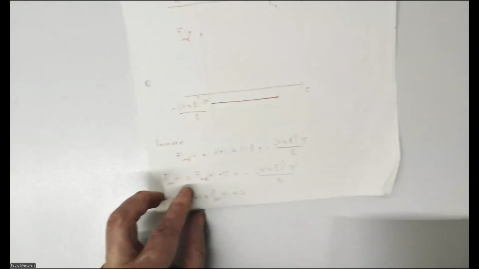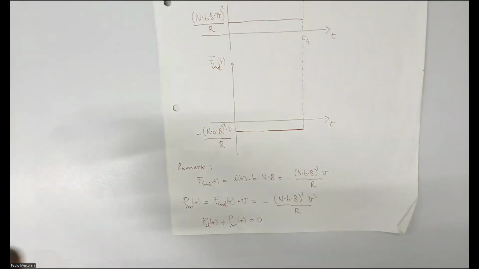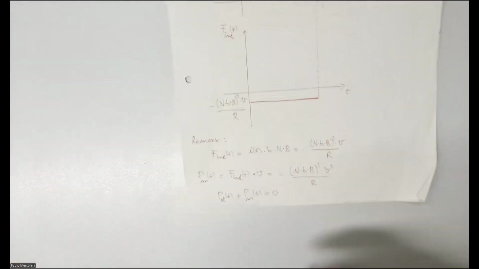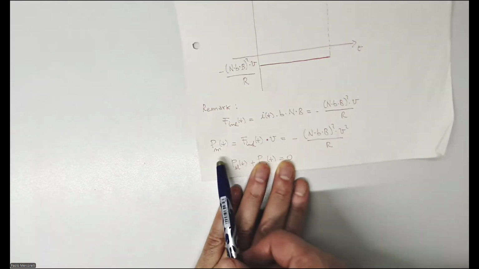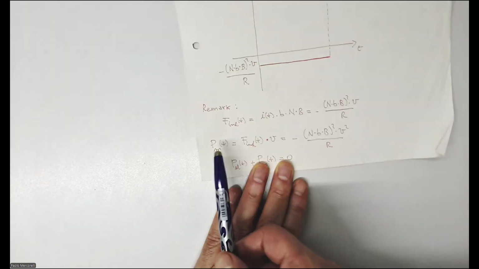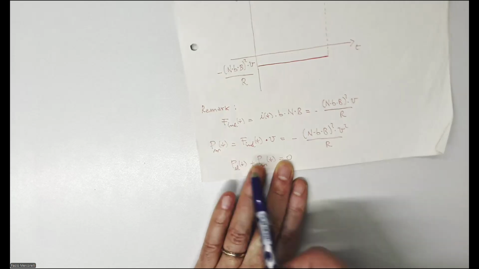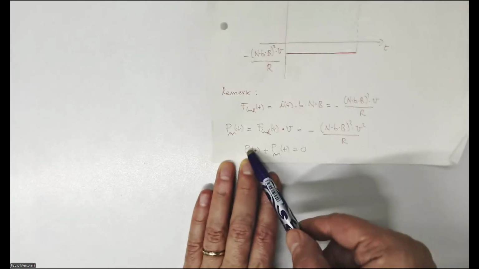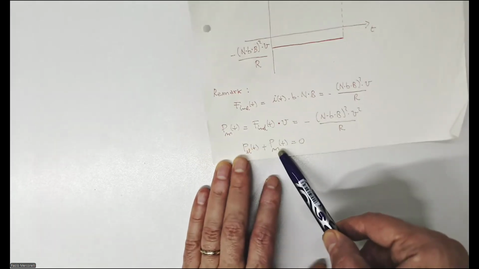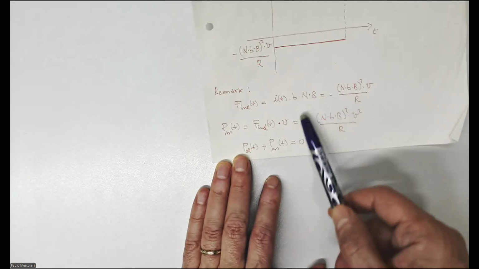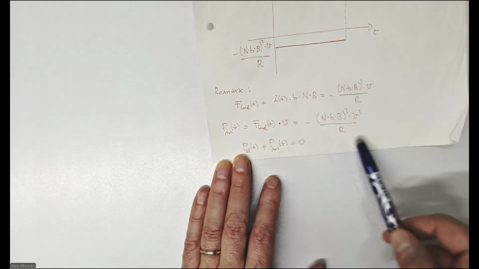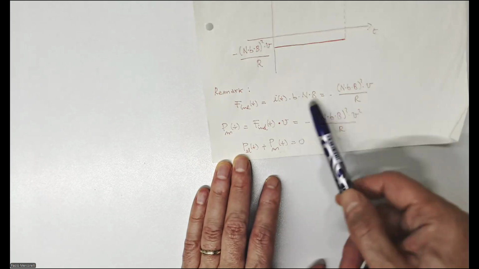If I ask in the exam, we will come back to this. If I ask in the exam about the magnetic power, mechanical power, we know that the electrical power plus mechanical power equals 0. This means the mechanical power is exactly the electrical power with a minus.